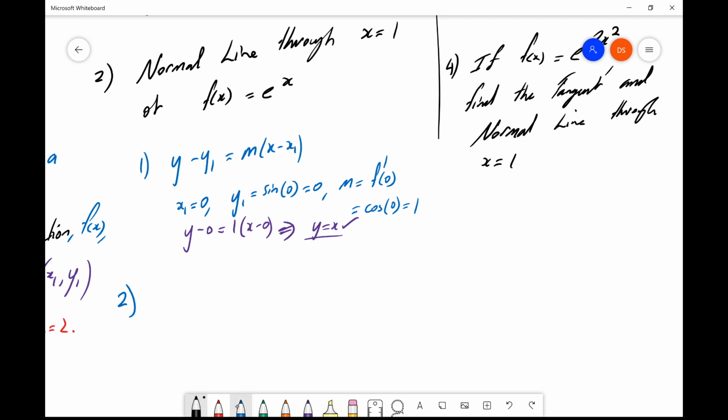So we go y minus y1 equals n times x minus x1. And once again, we list off x1 is equal to 1, y1 is equal to e to the 1, which is e, and then m. Oh, not m, n.